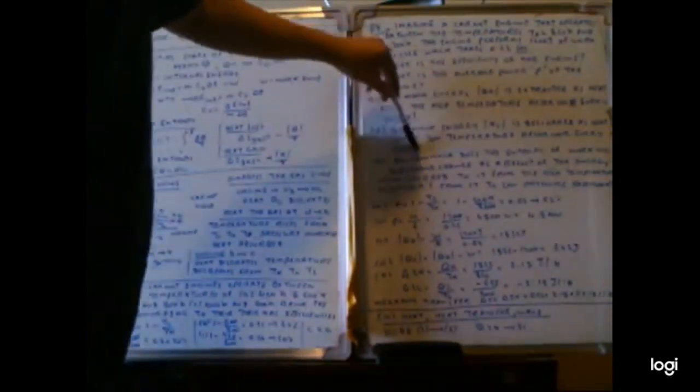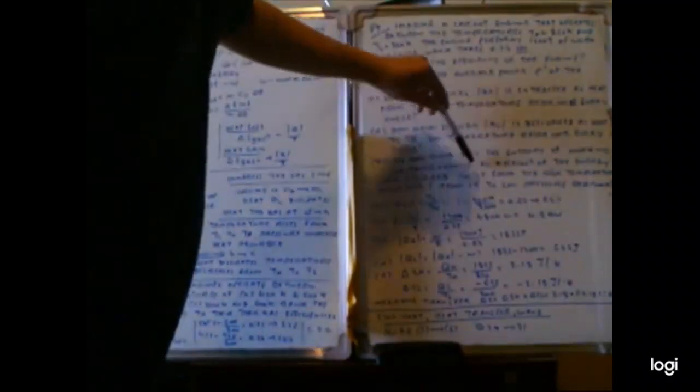C, how much energy is extracted as heat from the high temperature reservoir every cycle? D, how much energy is delivered as heat to the low temperature reservoir every cycle? E, by how much does the entropy of the working substance change as a result of the energy transfer to it from the high temperature reservoir and from it to the low temperature reservoir?